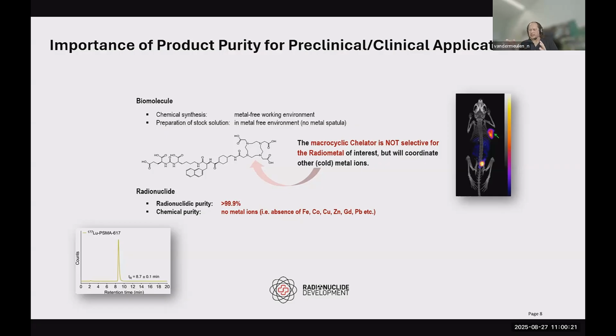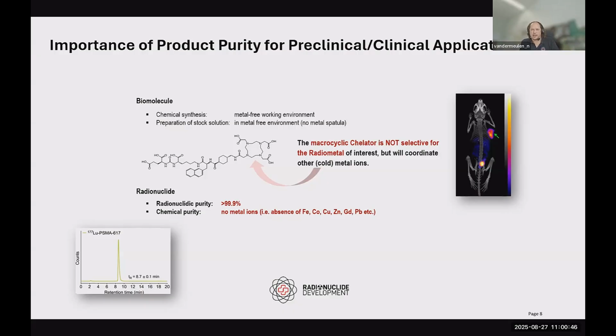And then one can perform your labeling in specific environments. With your small molecules, you can use higher temperatures, as was stated yesterday afternoon. Generally, everybody tries to focus on being able to label in as short a time as possible, at room temperature, if possible.